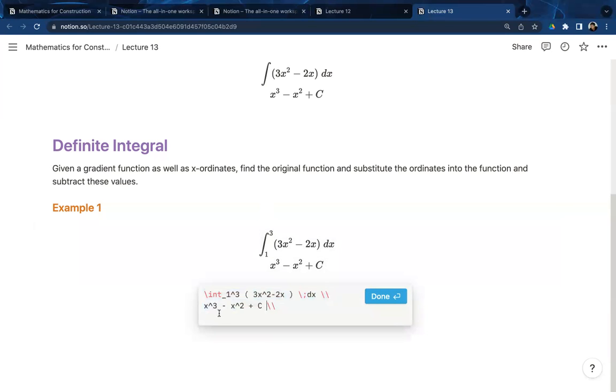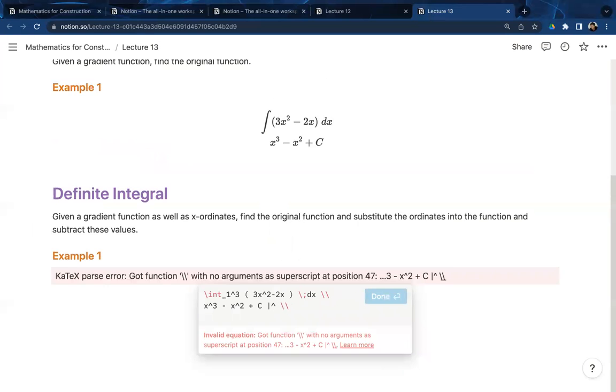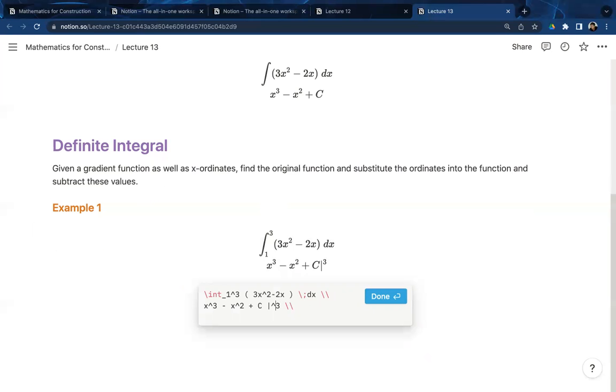Well, you find the original function here. Let's see if this works for you. I think you could do this.